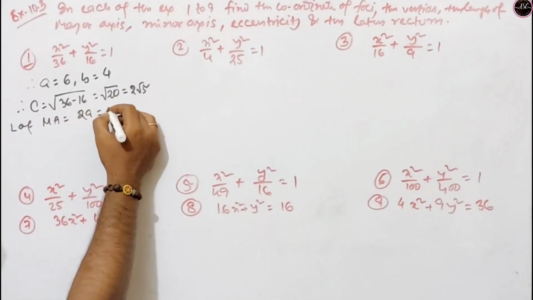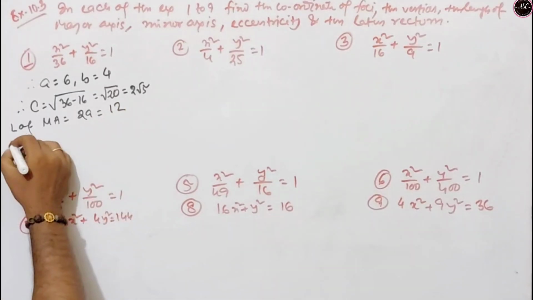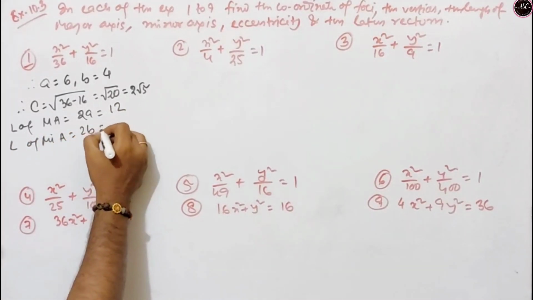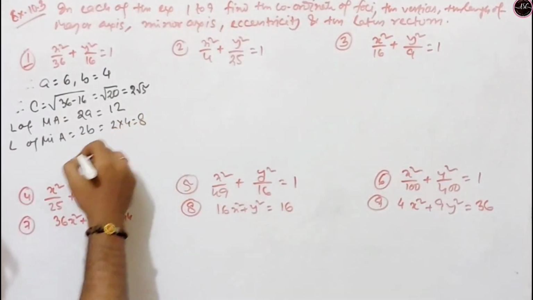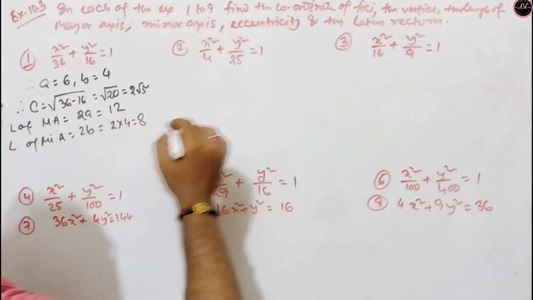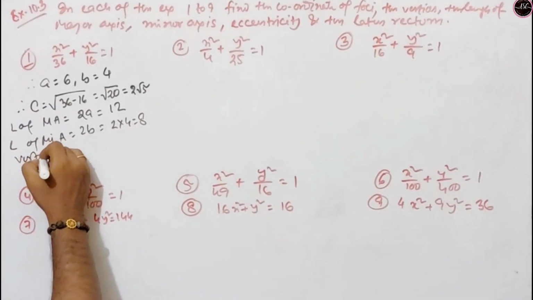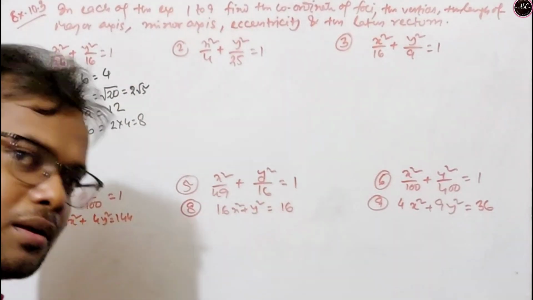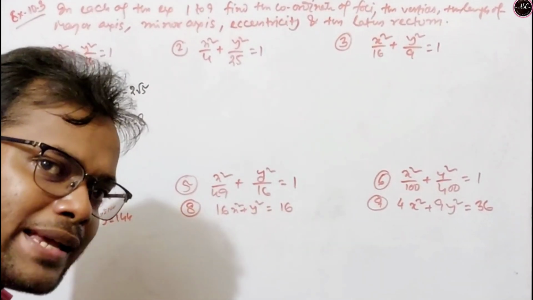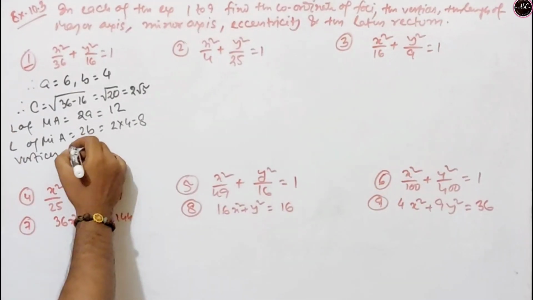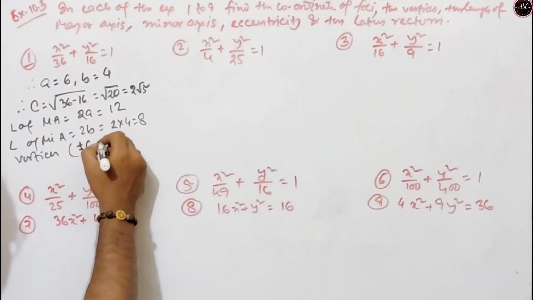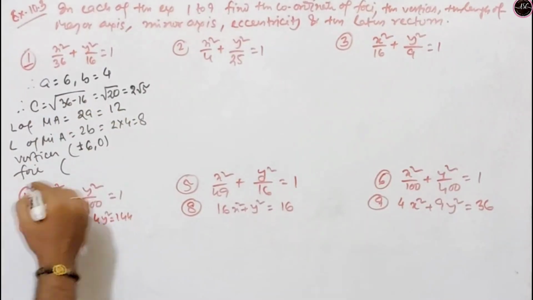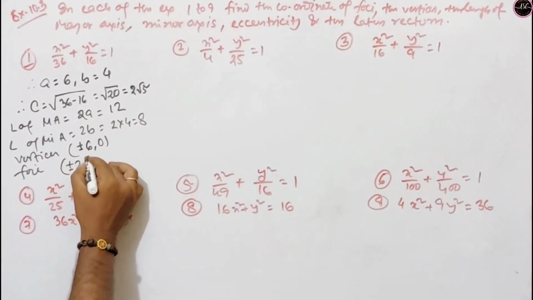Okay. So now length of major axis is 2a, so 2 into 6, that means 12. Length of minor axis is 2b, so 2 into 4, that means 8. Now vertices: as the major axis is x axis, vertices are plus minus a comma 0, plus minus 6 comma 0, and the foci are plus minus c comma 0, that means plus minus 2 root 5 comma 0.